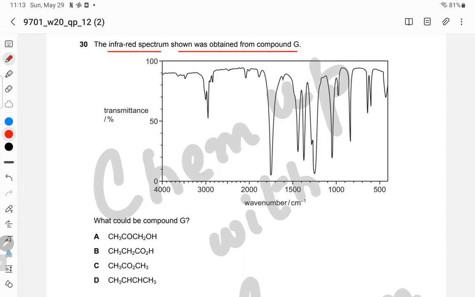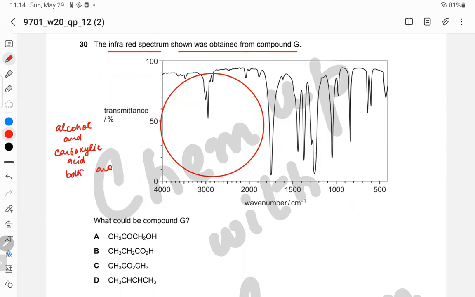And in C, we are not observing any broad peak in this region, which means OH, or we can say alcohol and carboxylic acid, both are absent.